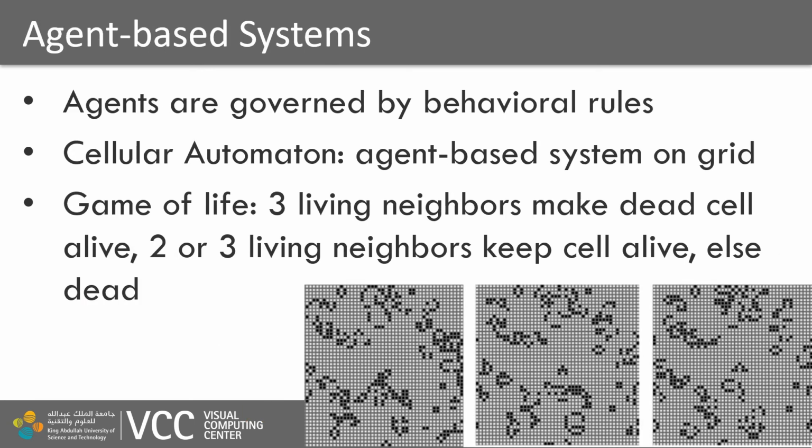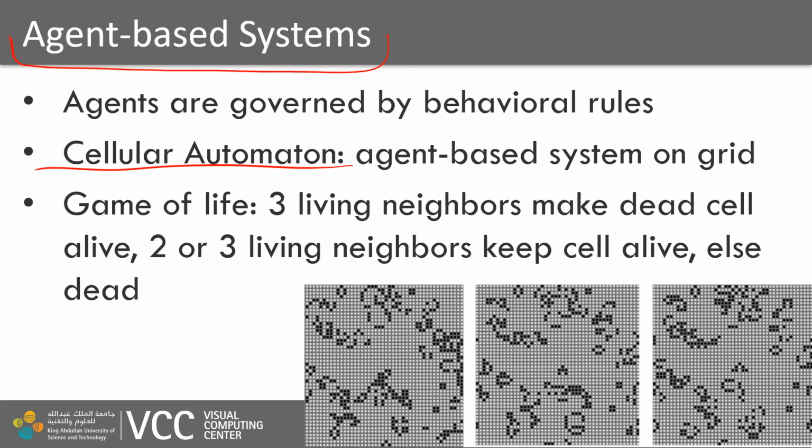Then we have other types of procedural animations, which are called agent-based systems, where we have certain elements in the scene which have certain rules, and upon interaction with other agents, these rules will be executed. One simple example of that could be a cellular automaton, which has few rules. This is the so-called game of life.